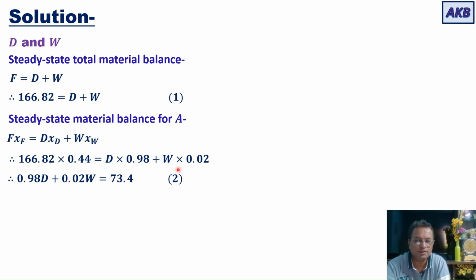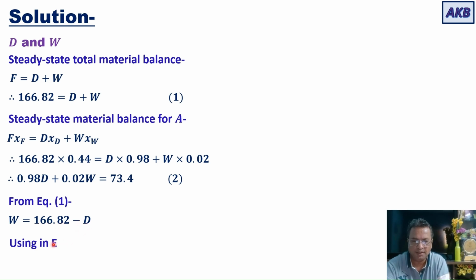With equations 1 and 2, I have two equations and two unknowns. I can easily solve those two equations simultaneously and get the unknown quantities. For that, I'll use equation 1. From equation 1, I will write the equation for W. W is 166.82 minus D. And I'll be using this in equation 2.